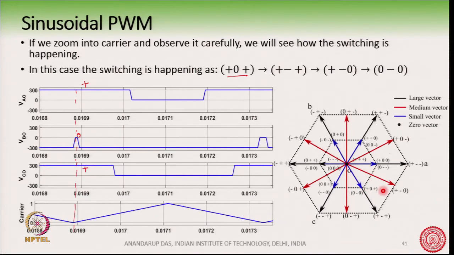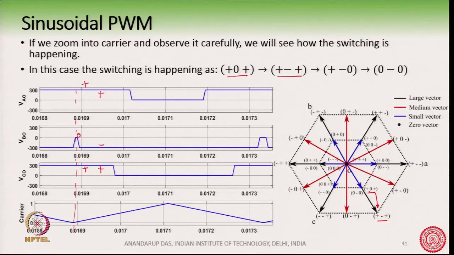What happens in the next one, then we go up to this one, then we have immediately here plus minus plus. So, from plus 0 plus we have now gone to plus minus plus.